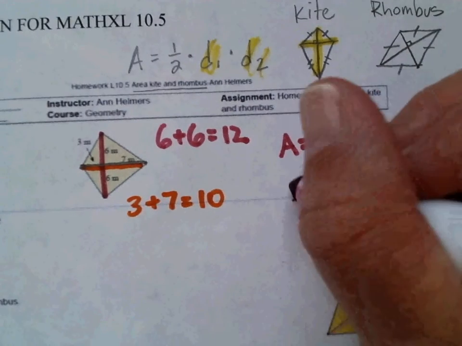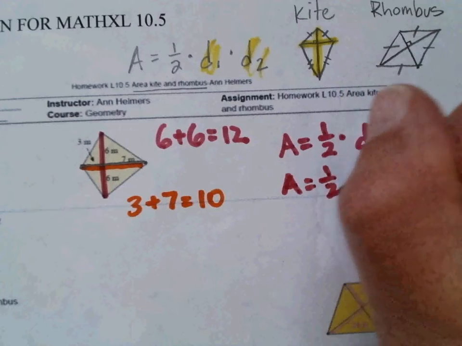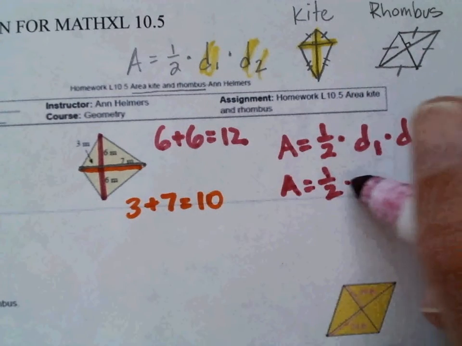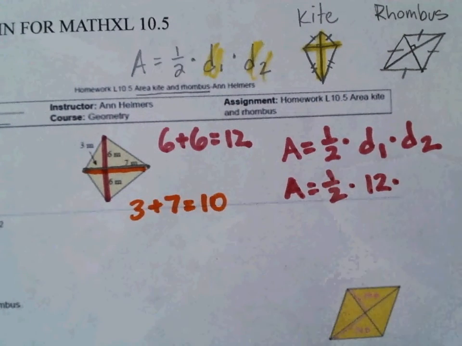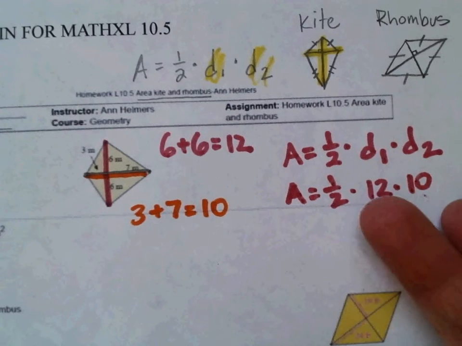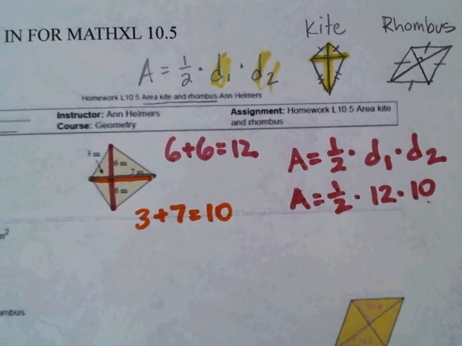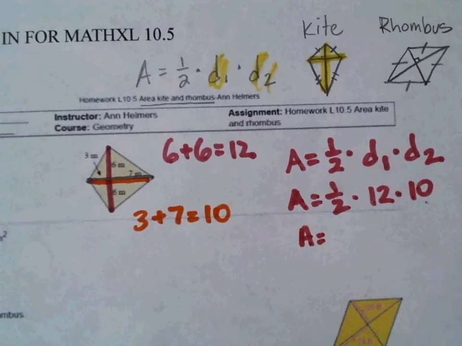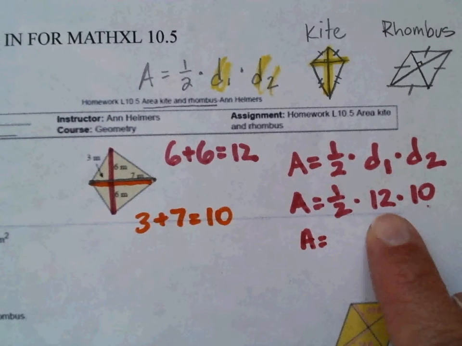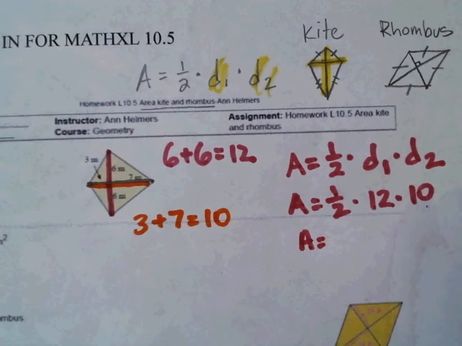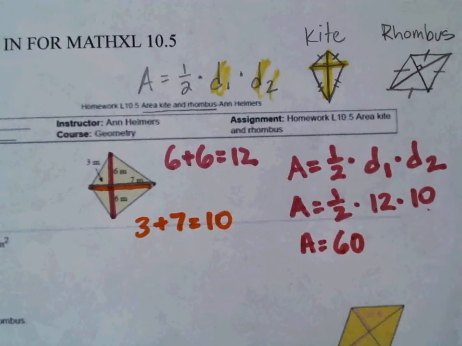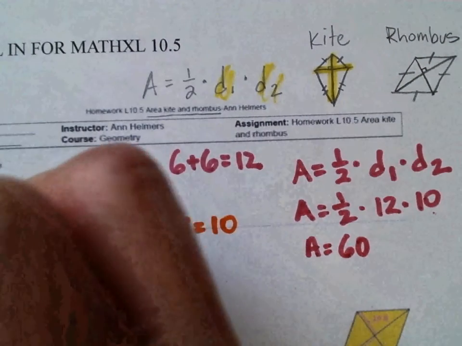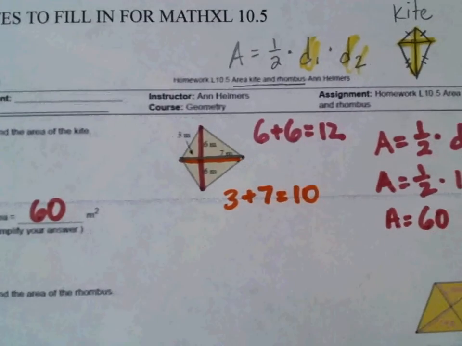So area equals 1/2 times, one of the diagonals is 12 and the other diagonal is 10. It doesn't matter if you flip-flop those. You can do it in your head, or you can type it on Desmos if you need to. Half of 12 is 6, and 6 times 10 is 60. So the answer here is 60 square meters for number 1.